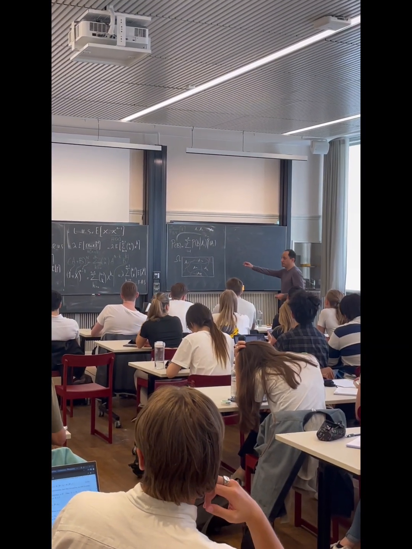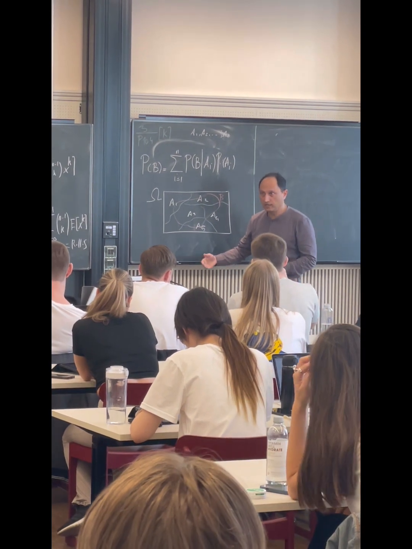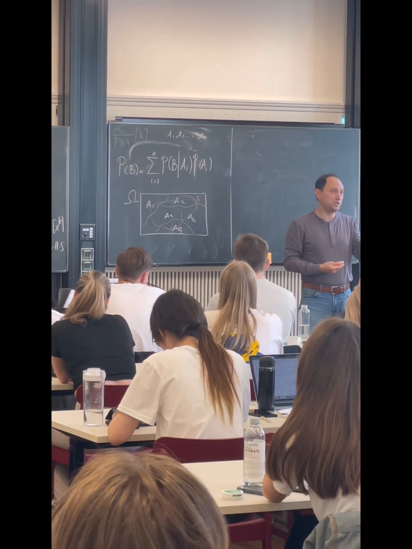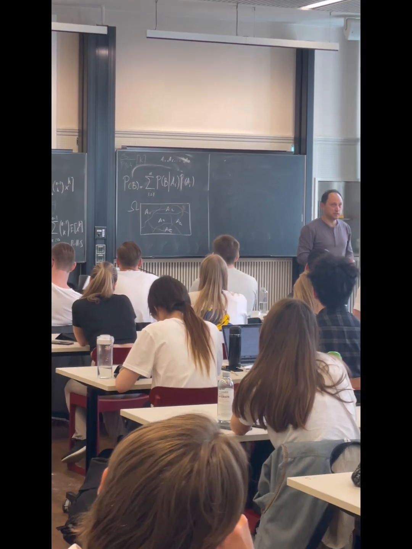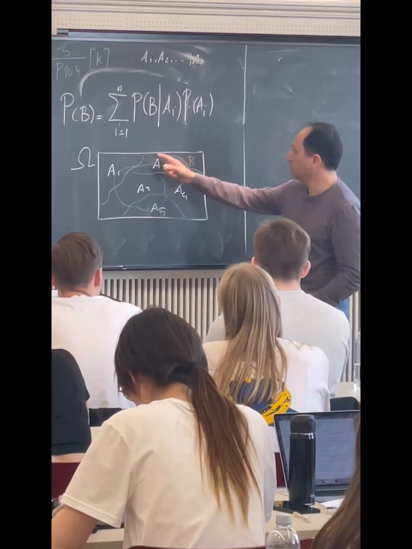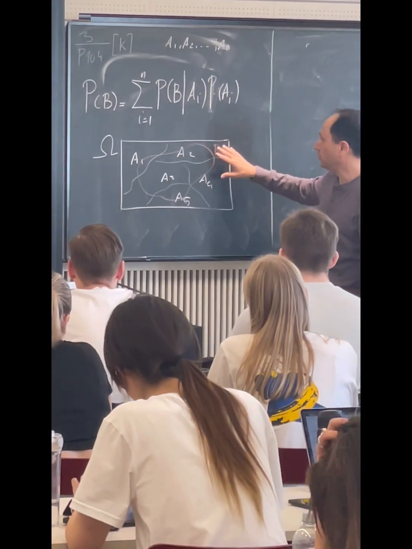But this formula is very useful because some probabilities are hard to calculate. If you start conditioning them, then each part can be calculated simpler, and then you can add them up. That's the idea. You have this event, you don't have these partitions first, you want to calculate this.